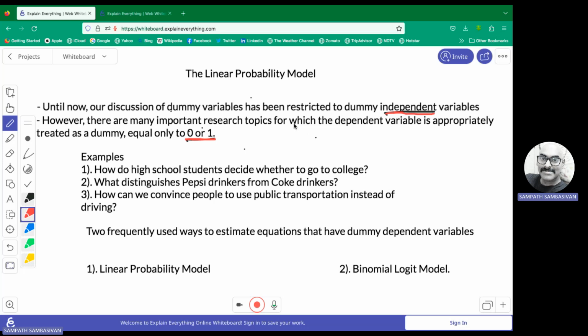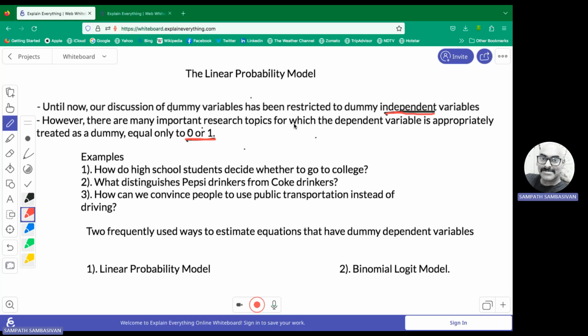In all the examples that we have seen now, for example, I think we have considered one example where we were talking about the determination of wages, right? So wages was perhaps the dependent variable. And in the determination of those wages, we considered whether being female or male would make a difference.